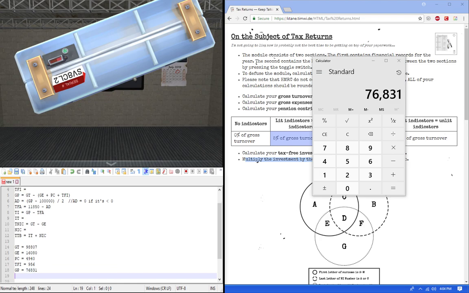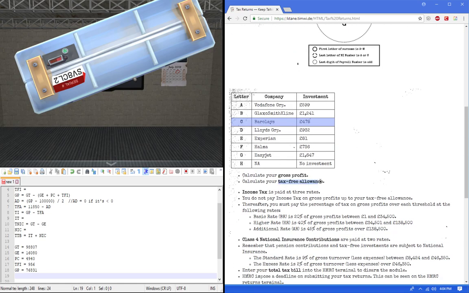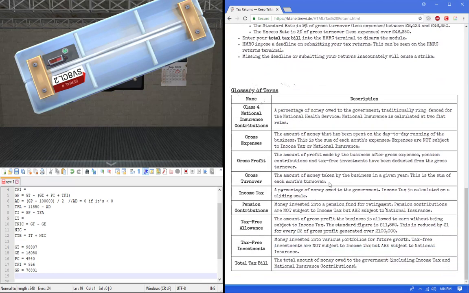Now, next thing we're going to do is calculate our tax-free allowance. Tax-free allowance starts at 11,850 under this glossary of terms. So the center figure for our tax-free allowance is going to equal 11,850. But then it's going to subtract this. This number is reduced by €1 for every €2 of the gross profit that's generated over 100,000 euros.